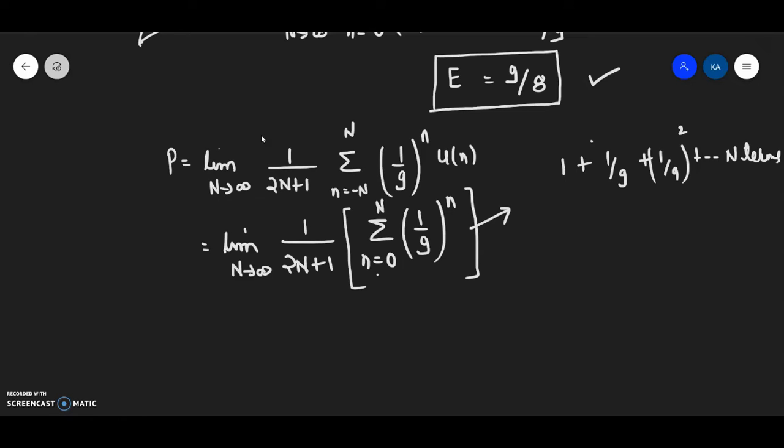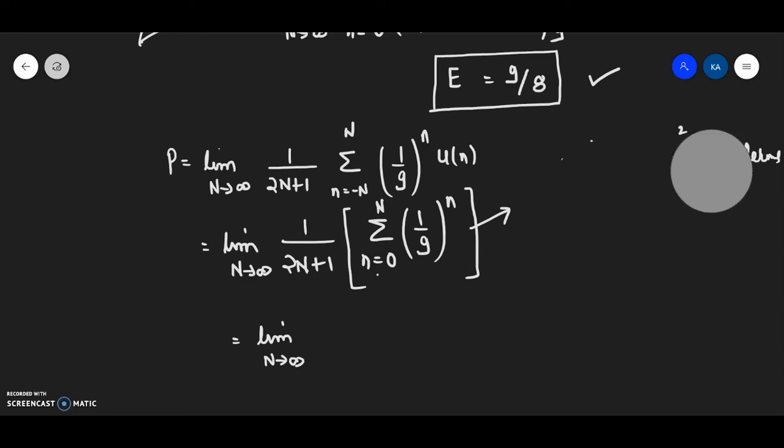Right? And what is the sum of the n terms of the GP? S_n is a(1 minus r^n) divided by 1 minus r. And I have to make sure how many terms are there in this particular GP. So once I use this formula, my sum will become limit n tends to infinity.